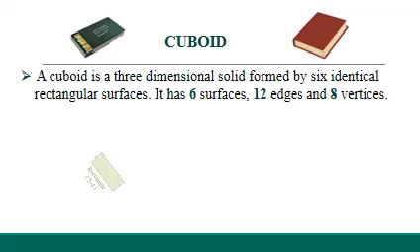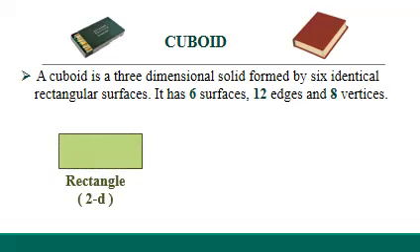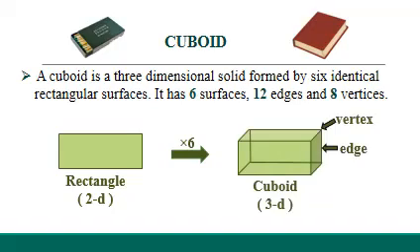Please look at this rectangle, which is a two-dimensional figure. But when such 6 identical rectangular surfaces combine together, they form a cuboid, which is a three-dimensional solid.